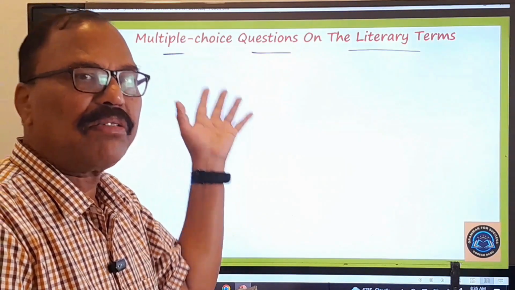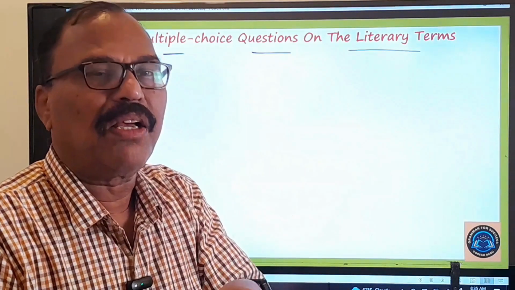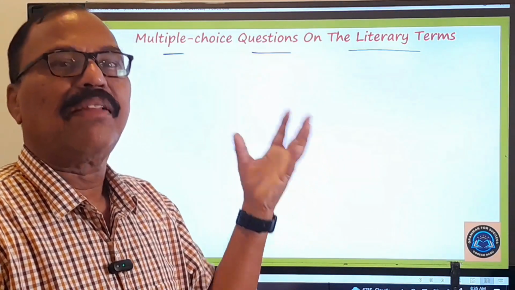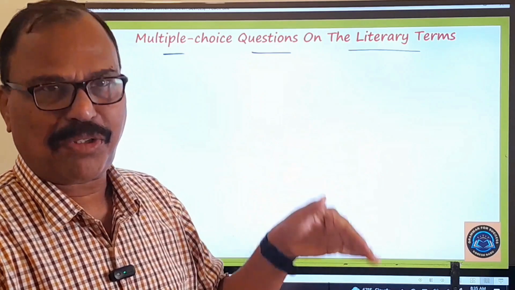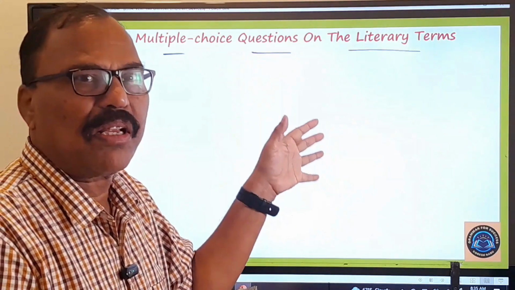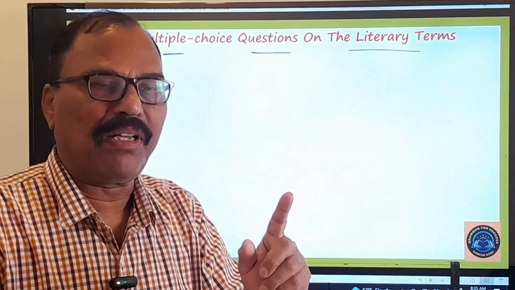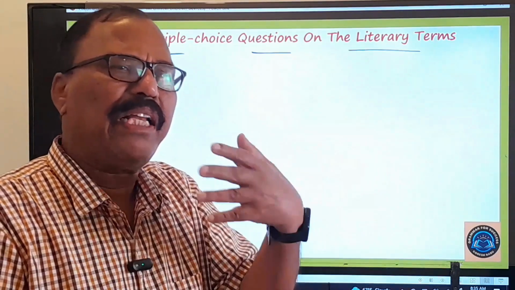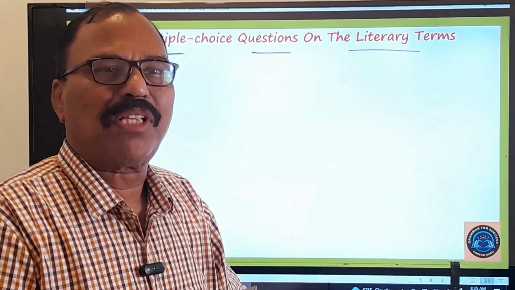If you can answer all these questions correctly, then you must think you were able to understand all the literary terms that I have explained in these two videos, part 1 and part 2. And if you cannot answer any of these questions, then you must think you have not properly understood that particular literary term.